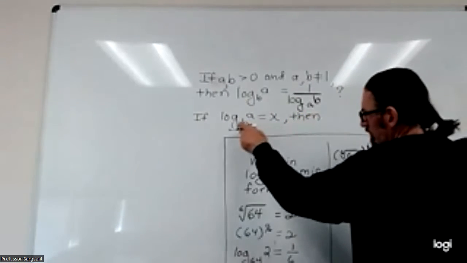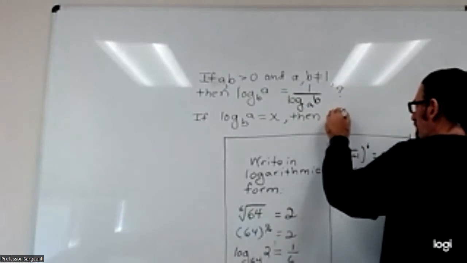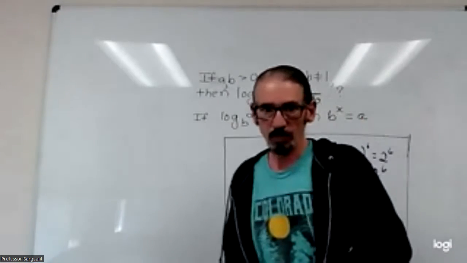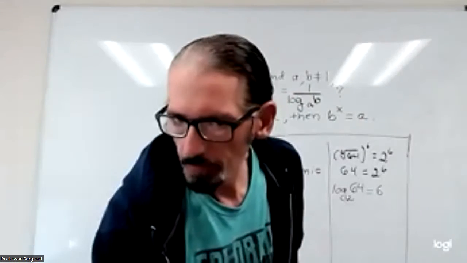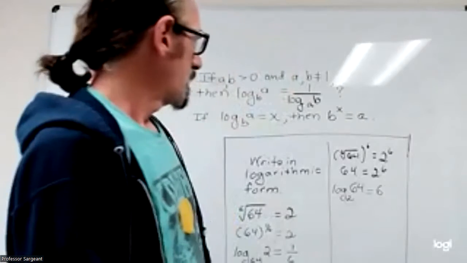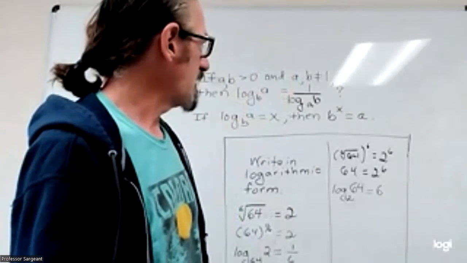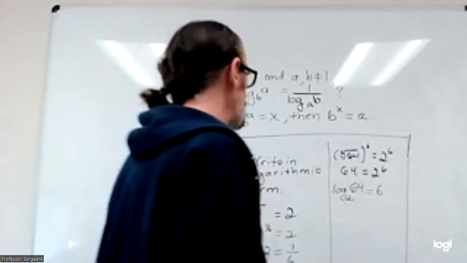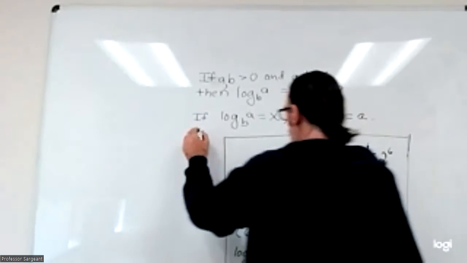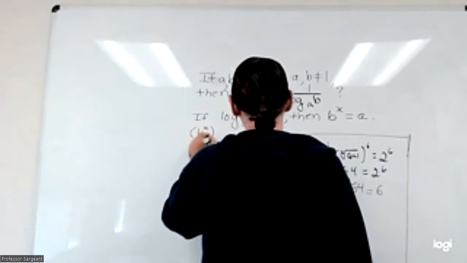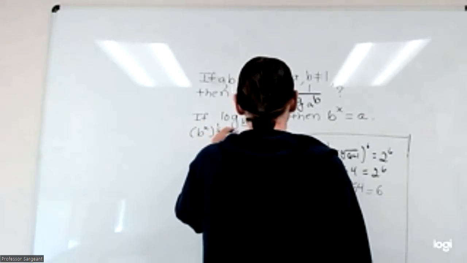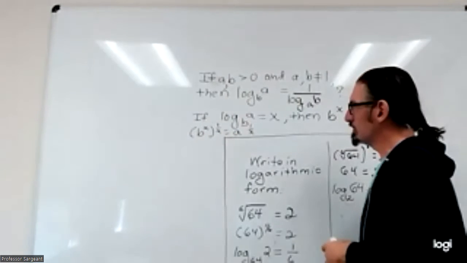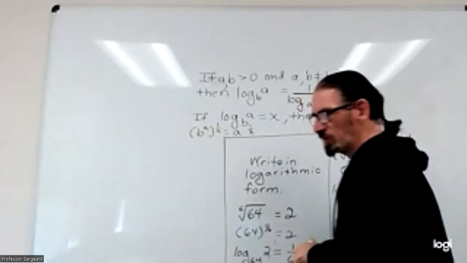So that would be base B to the power of x, and that is equal to A. If I take both sides here to the power 1 over x, then on the left-hand side, these are canceling out.